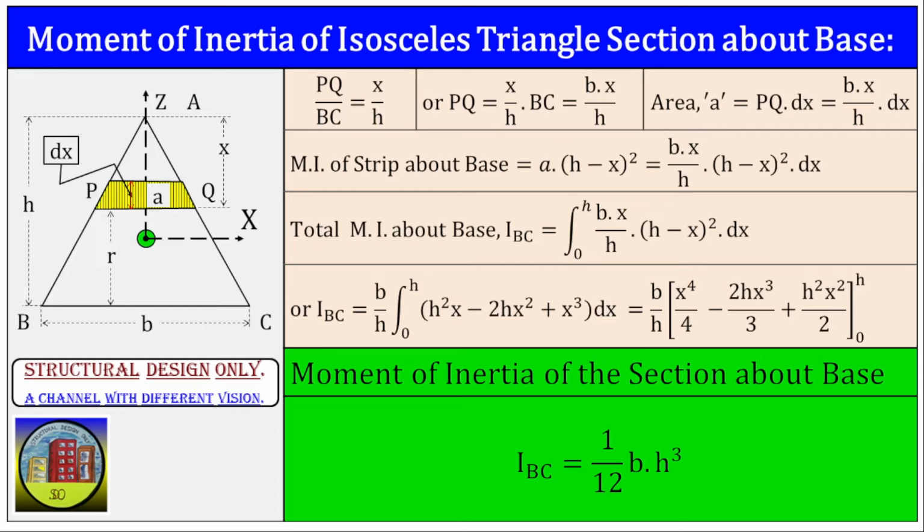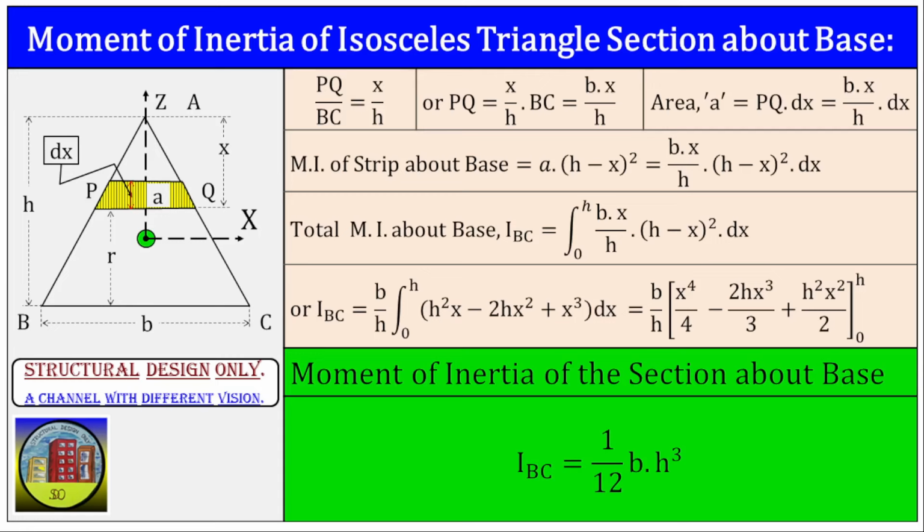Finally, the moment of inertia of the strip about the base of the triangle, I base, equals a into the whole square of (h minus x), equals b into x by h into the whole square of (h minus x) into dx.